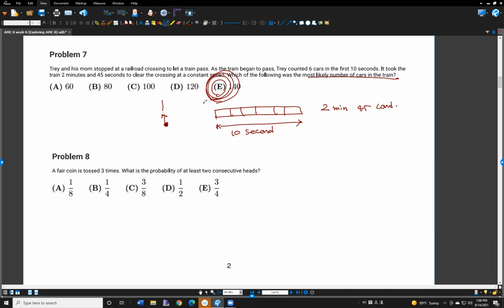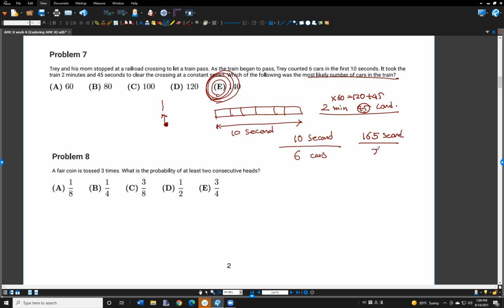That is a proportion, right? With the same rate. But in 10 seconds they showed 6 cars. But 2 minutes 45 seconds, how many seconds are there? 2 minutes, each minute is 60 seconds, times 2 is 120 seconds, another 45, total is 165 seconds.